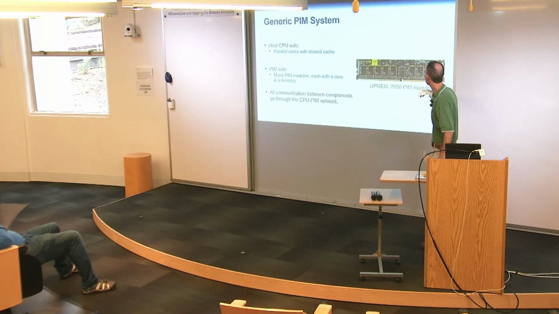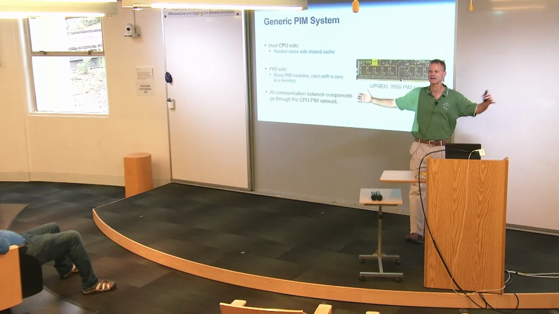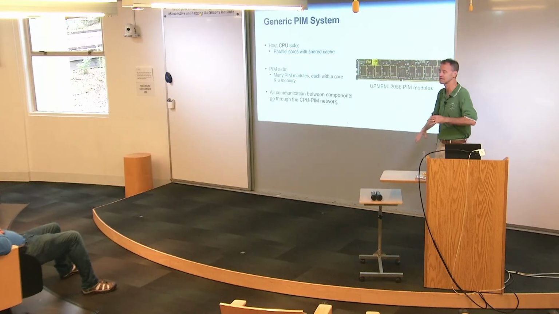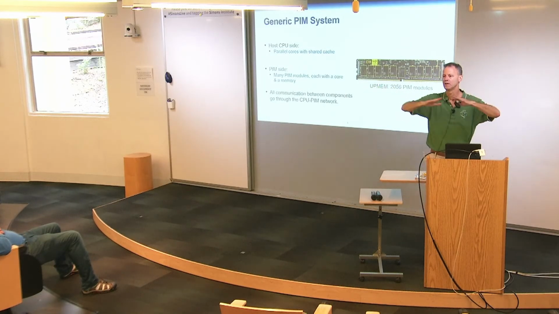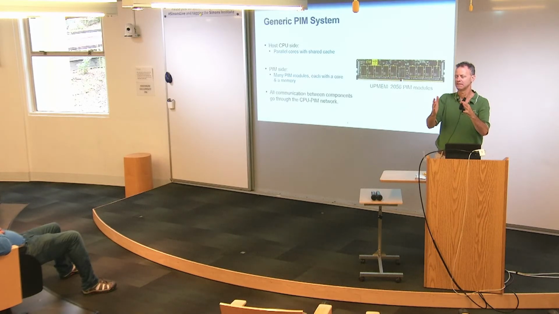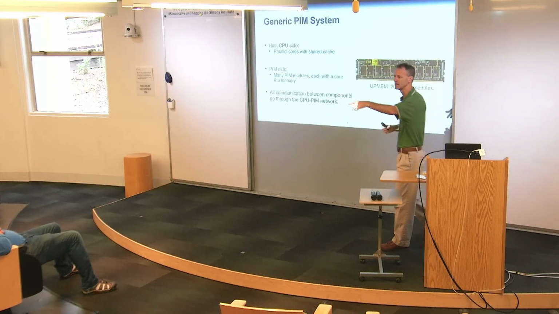But you won't have one of those for each bank. Instead of 2,000 of these things, as in the UPMEM system, in this other, much more coarse-grained style of system, maybe you have 64 of these things or something. It's a much different scaling.